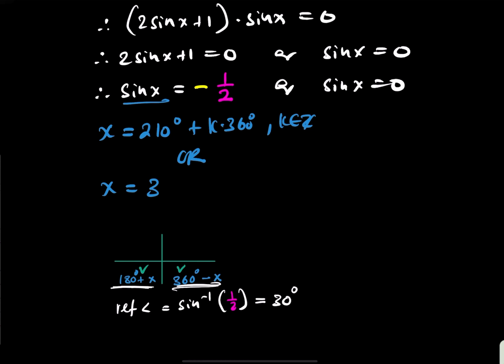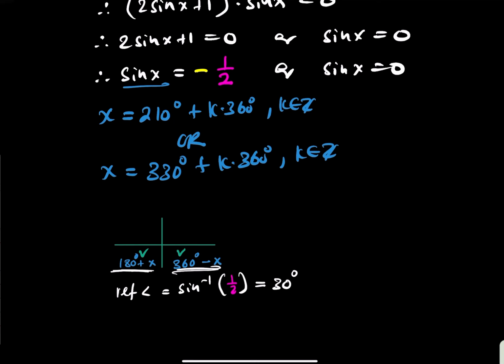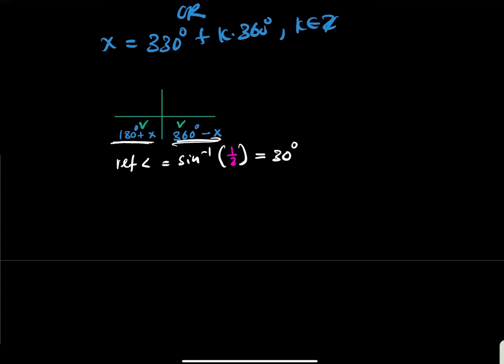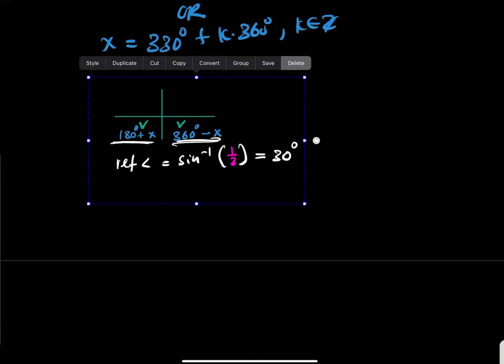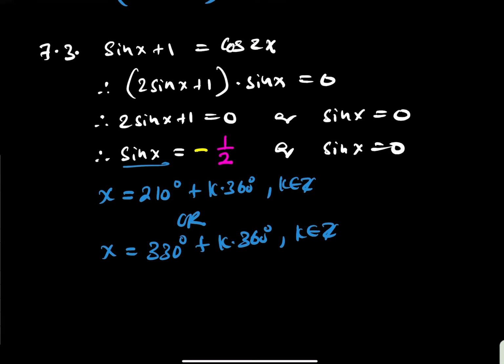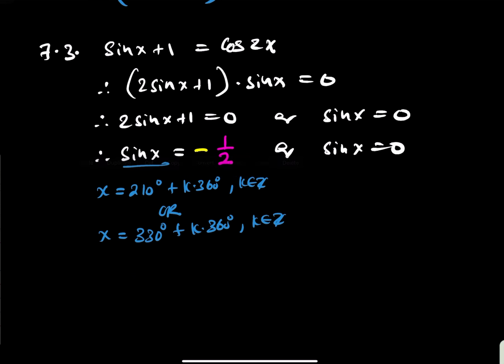So I'm going to write 330 degrees there, and then plus k times 360 degrees, where k is an element of integers. Now I'm going to delete this. I'm done with that. I was just trying to explain that part, where I get my answers. So this is the first part.